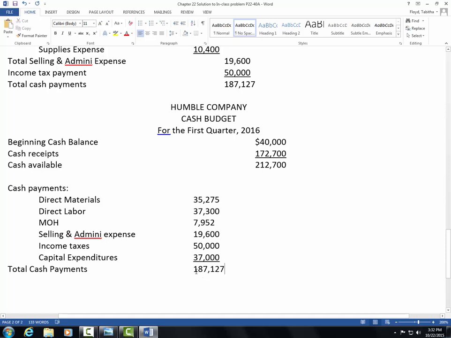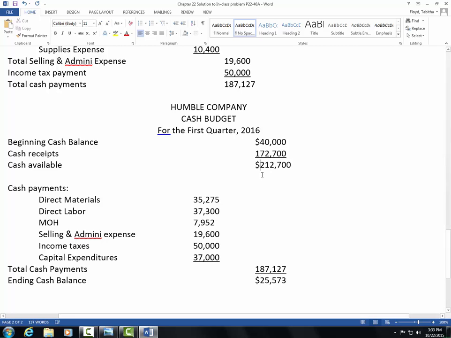And now, if we subtract our cash available minus our cash payments, we're going to get our ending cash balance. $25,573.